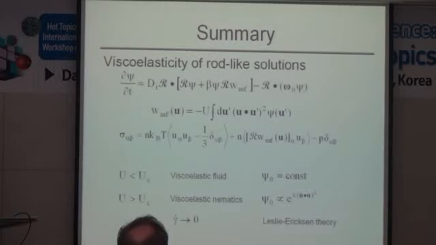By using the Onsager principle, you can derive the viscoelasticity of rod-like solutions or many other non-equilibrium phenomena taking place in soft matter: diffusion, rheology, permeation, and so I think this is a quite useful principle.